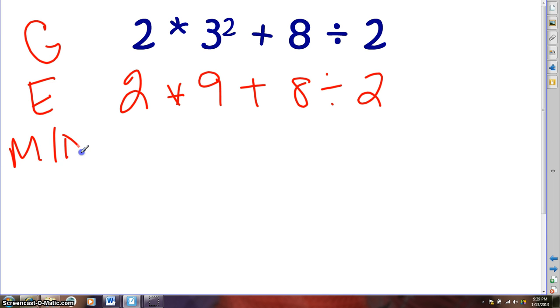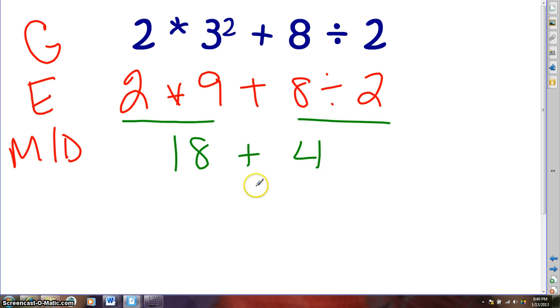Now we're ready for multiplying and dividing. We start at the left and we move to the right. So we have a multiplying here and a dividing here. So 2 times 9 makes 18, and 8 divided by 2 makes 4. And then our last is we're going to do our addition and subtraction, and 18 plus 4 makes 22.